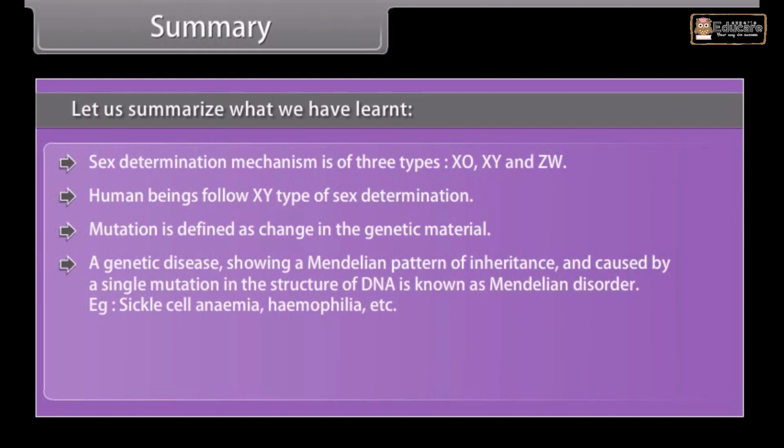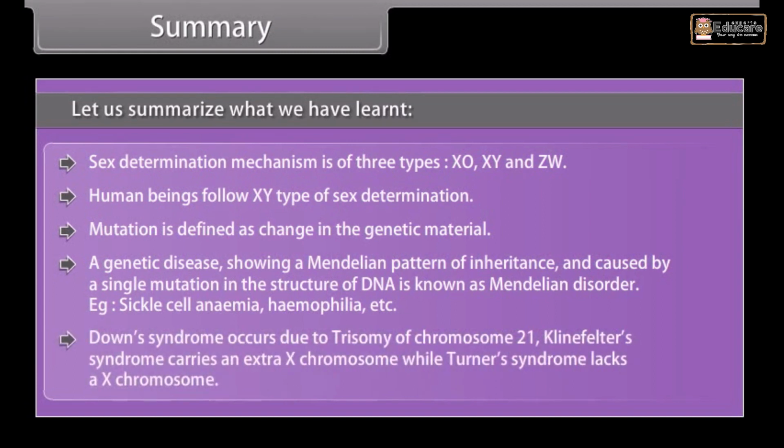A genetic disease showing a Mendelian pattern of inheritance and caused by a single mutation in the structure of DNA is known as Mendelian disorder. Example, sickle cell anemia, hemophilia, etc. Down syndrome occurs due to trisomy of chromosome 21. Klinefelter's syndrome carries an extra X chromosome, while Turner's syndrome lacks an X chromosome.